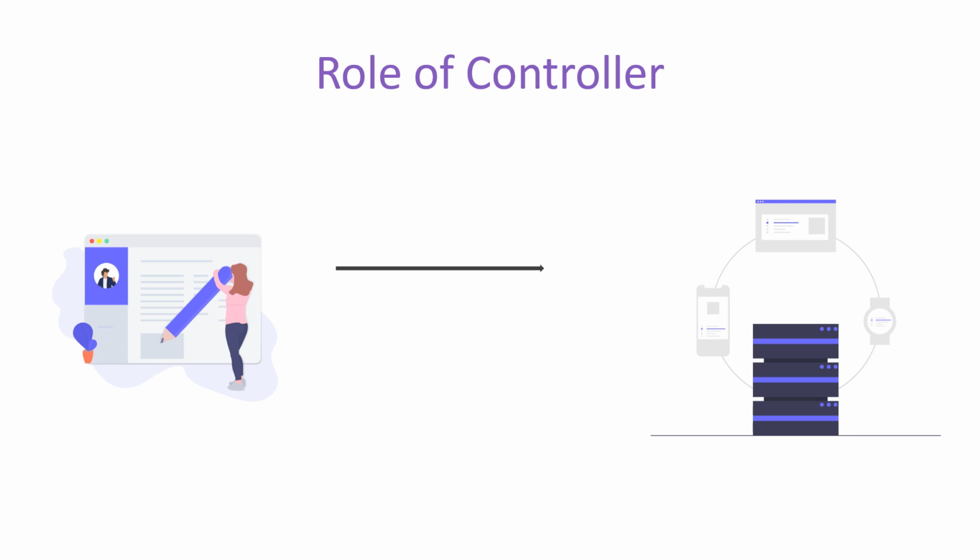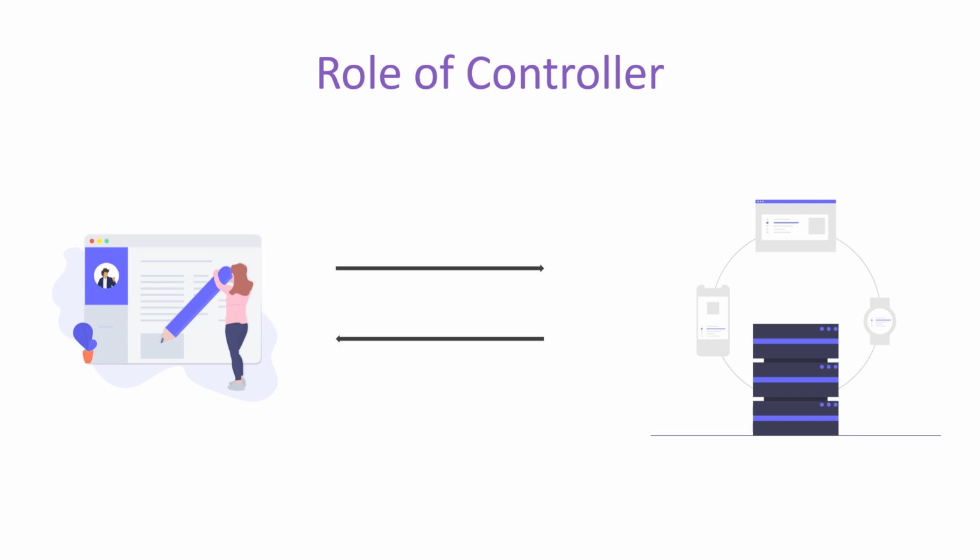Once the request passes from this HTTP pipeline, then it will hit the controller. Then inside the controller there are lots of methods. The request will go to a particular method, and then the logic of the application flow will be written over there in that method. Then that particular action method will generate the response and send it back to the browser. So this is how the general flow of ASP.NET Core MVC application works.